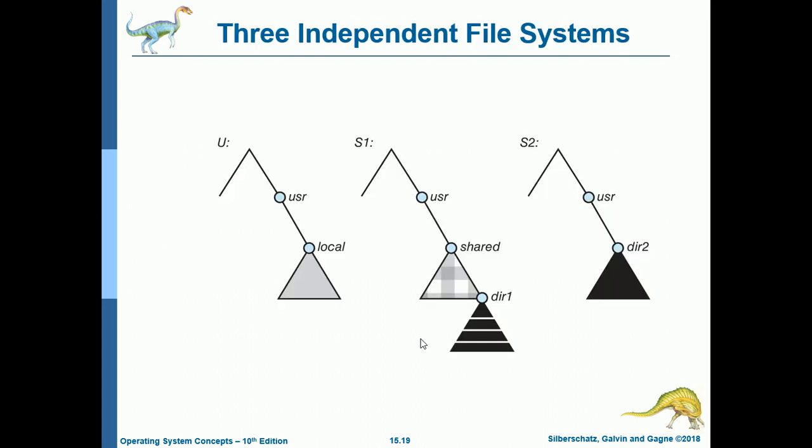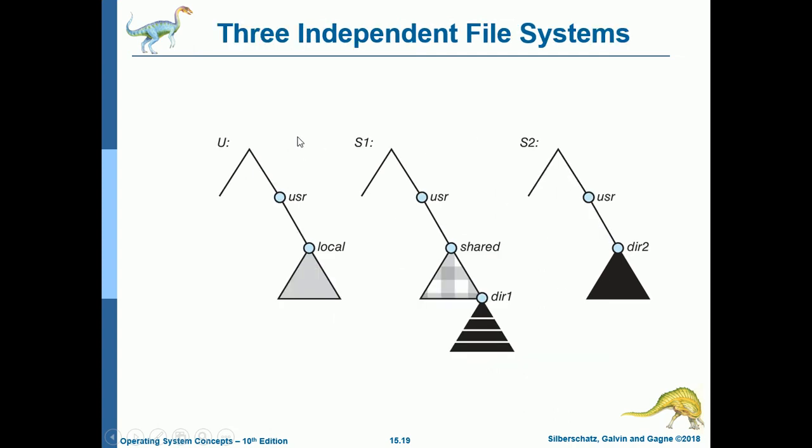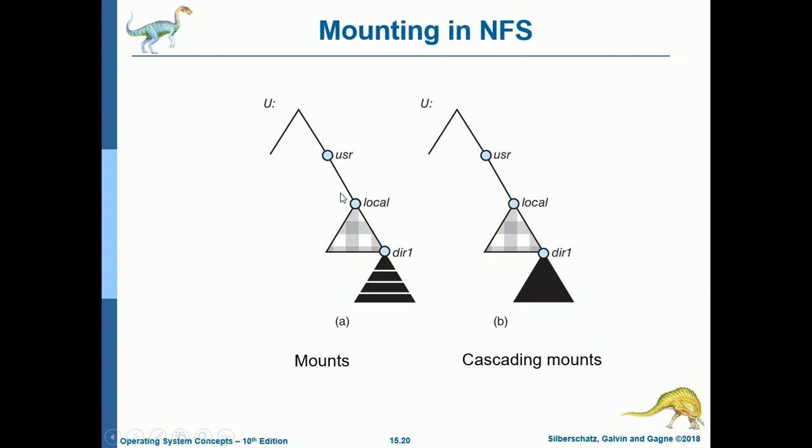So we have three independent file systems, for example U, S1 and S2. And then you're going to mount S1 to U. As you can see from the previous example, we have user and local. What happens here is that the shared directory of S1 will be the local of U, as you can already see.